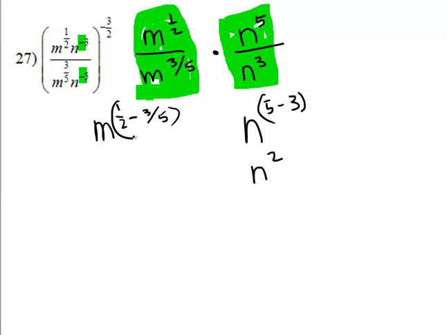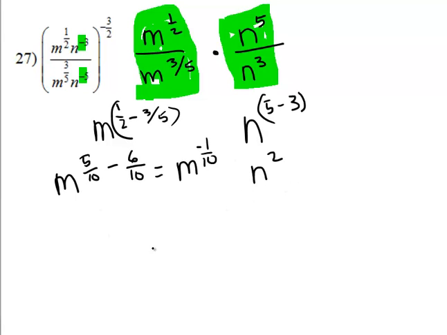Over here I have fractions with different denominators, so I have to find a common denominator for them. That'll be 10, so that's m to the 5/10 minus 6/10, and that turns into m to the negative 1/10.